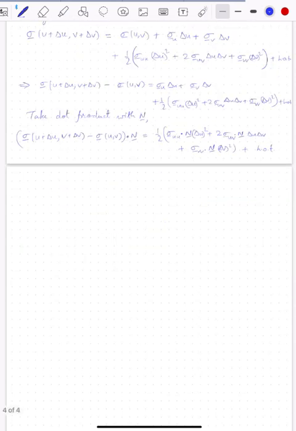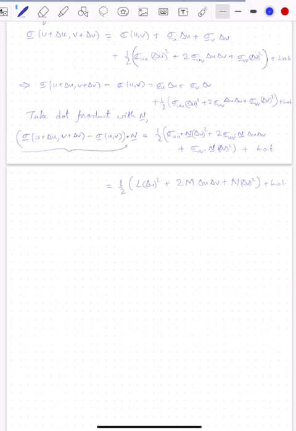We can just keep it as it is, but now we can compactly write it down as half into L delta u squared plus 2m delta u delta v plus n delta v whole squared plus higher order terms. Recall that this is the deviation that we are talking about.